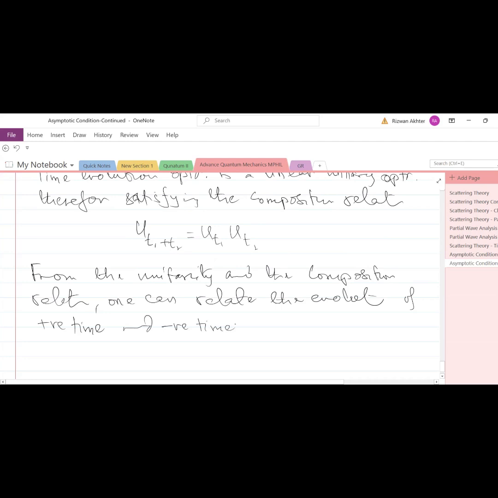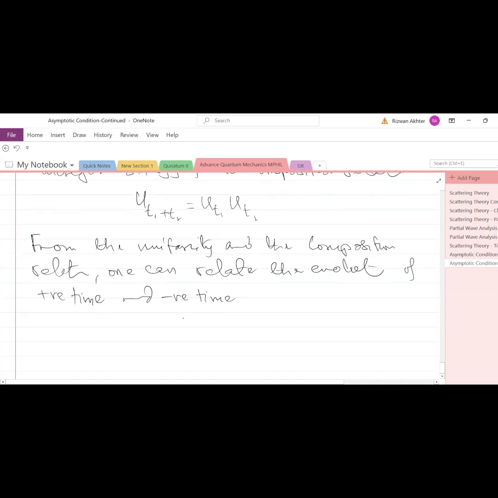Positive times and negative times means t equals minus infinity and t equals plus infinity. So you can relate them as U of t dagger equals U of t inverse.